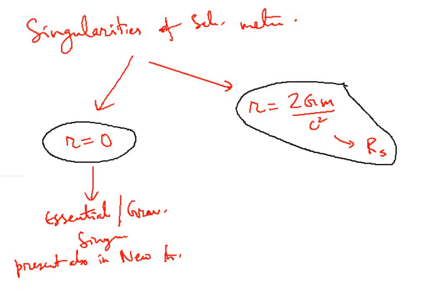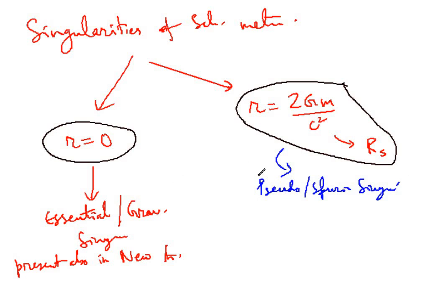Okay, so this is the essential or gravitational singularity, and this one here is a pseudo or spurious singularity. Now you must be wondering why I am saying so. I'll just show you soon.